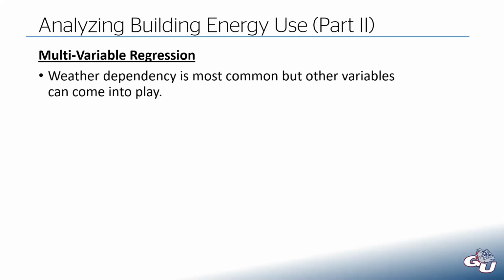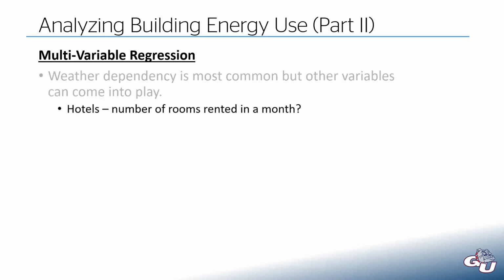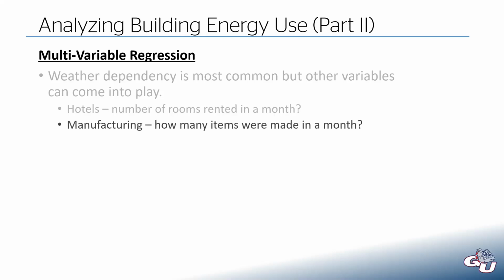Weather dependency is the most common thing that we're going to compare energy use to, but we can have other variables. So if you were to look at a hotel, how many rooms were rented? That's going to have a definite impact. Weather will still have an impact. So in a hotel, now you have two variables that you need to account for. Or in manufacturing, how many items did they make month to month?